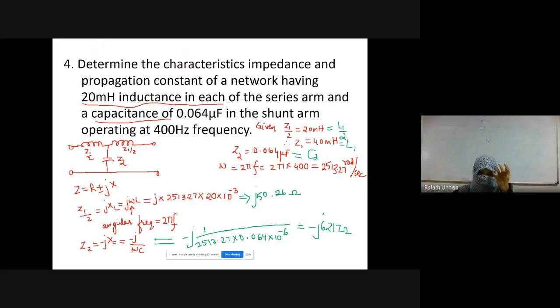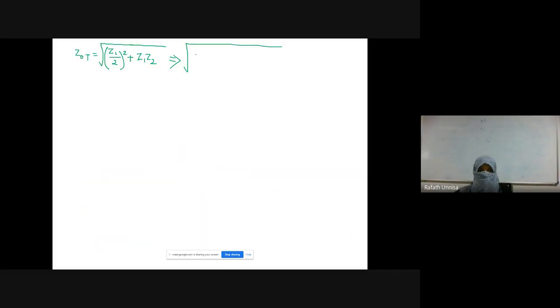ZOT is given as root of Z1 by 2 whole square added with Z1 Z2. You can calculate and keep your answer while I substitute these values from the previous slide. So Z1 by 2 is nothing but J 50.26.